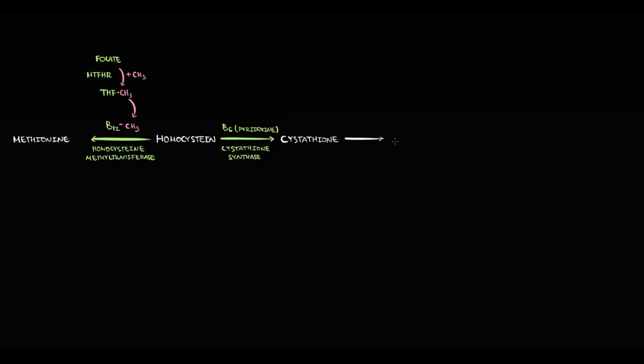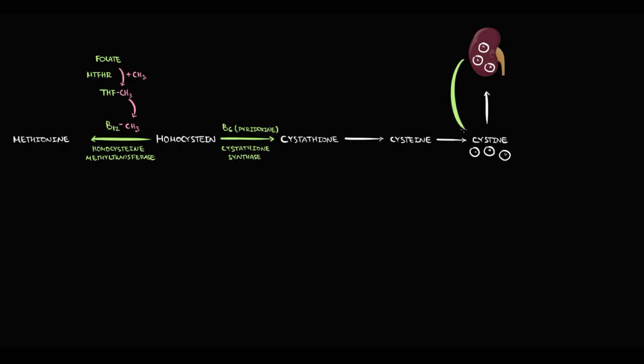After this, we convert cystathionine into cysteine, and cysteine we metabolize into cystine. Cystine we excrete from the body by the kidneys. But we have to know that some part of cystine undergoes reabsorption via a proximal convoluted tubule amino acid transporter back into the blood. And cystine molecules which were not reabsorbed we excrete into the urine.